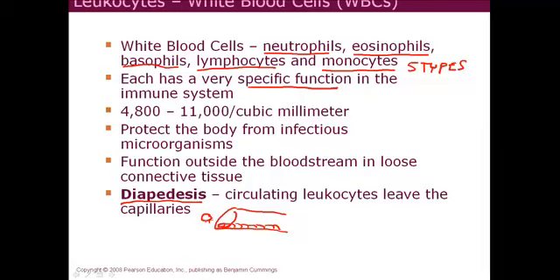It has these little proteins sticking out, and it rolls along the surface. And then if it almost smells something out here, it will move between 2 endothelial cells into the extracellular fluid and go after this pathogen. That process is called diapedesis.